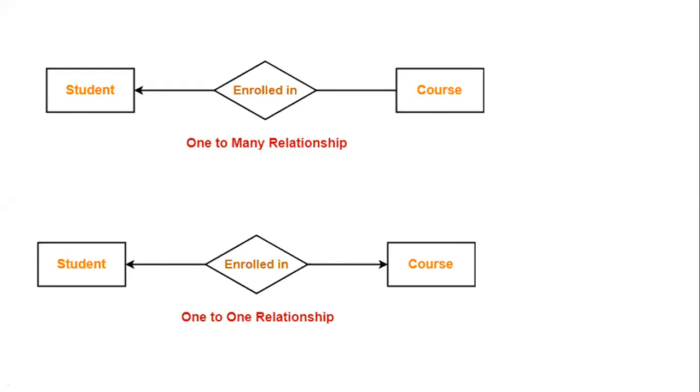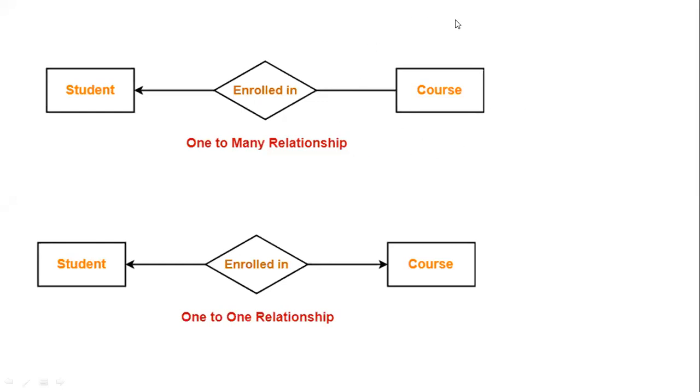Suppose there are a number of courses that students can enroll in, but the constraint is that one student can enroll in only one particular course.